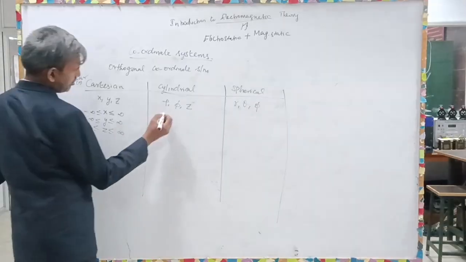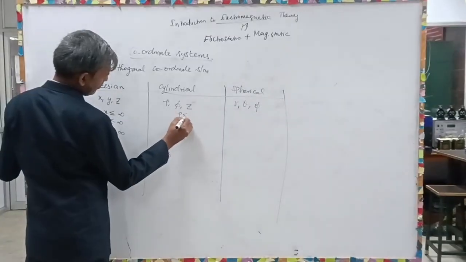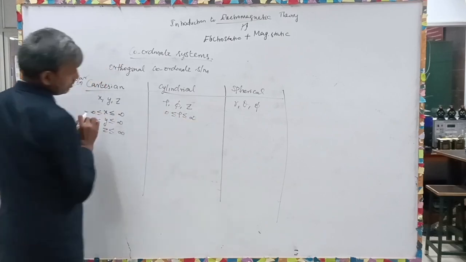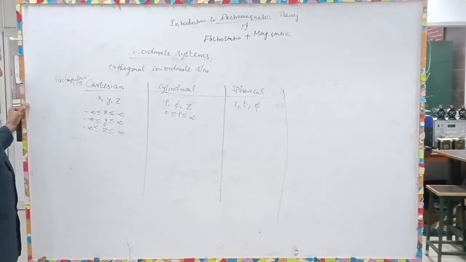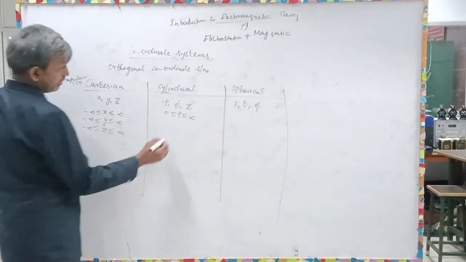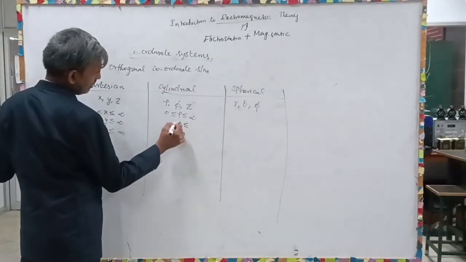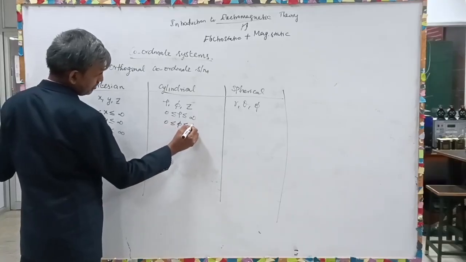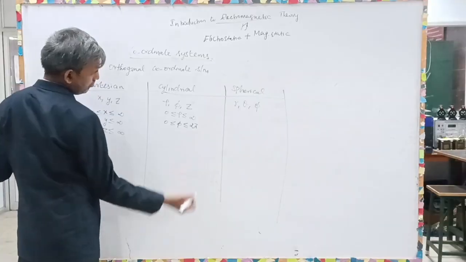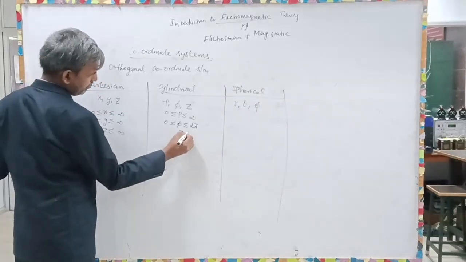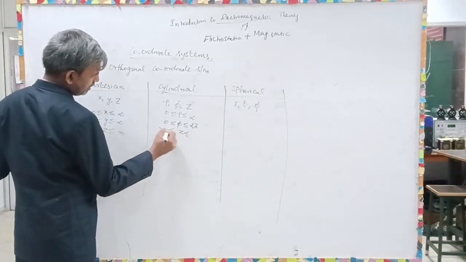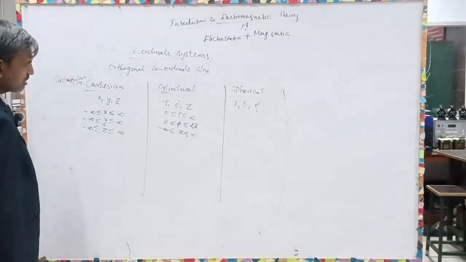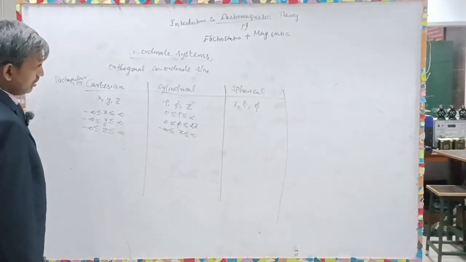Similarly, rho will be varied from 0 to infinity. Rho is nothing but the radius of the cylinder, and phi will vary from 0 to 2 pi, and z will vary from minus infinity to plus infinity. So phi is nothing but the azimuth angle of the cylinder.